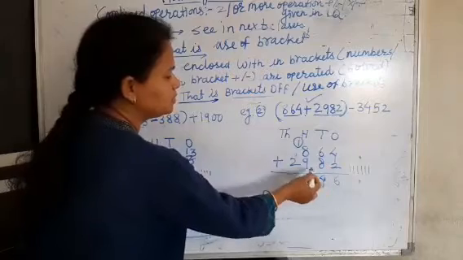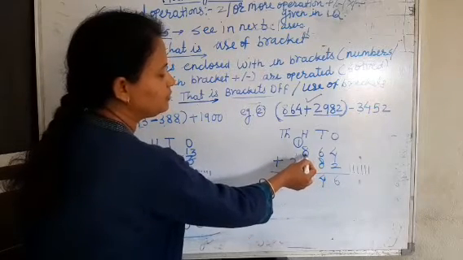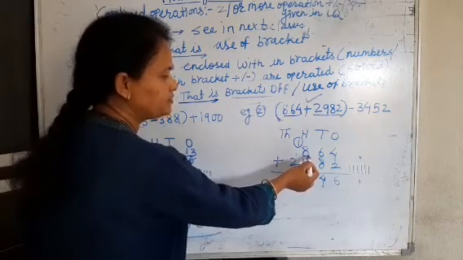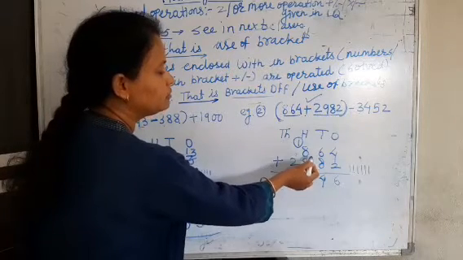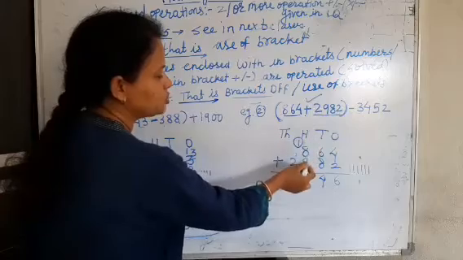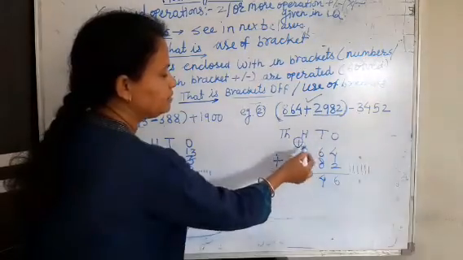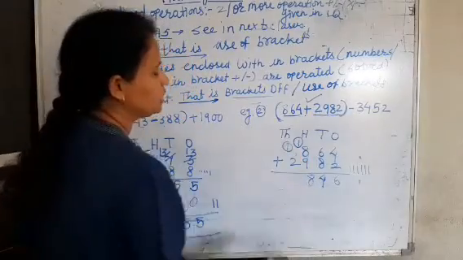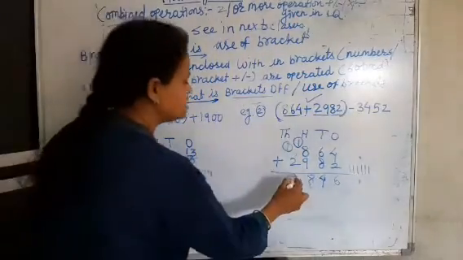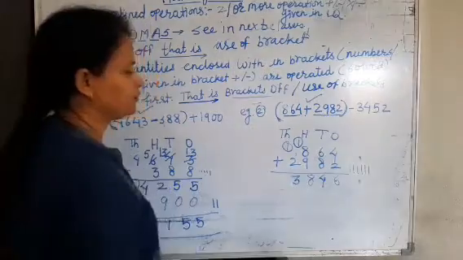After 9 we count 8 fingers, so 8 plus 9 is 17, plus 1 is 18, and we carry 1 to the thousands column. 2 plus 1 is 3.